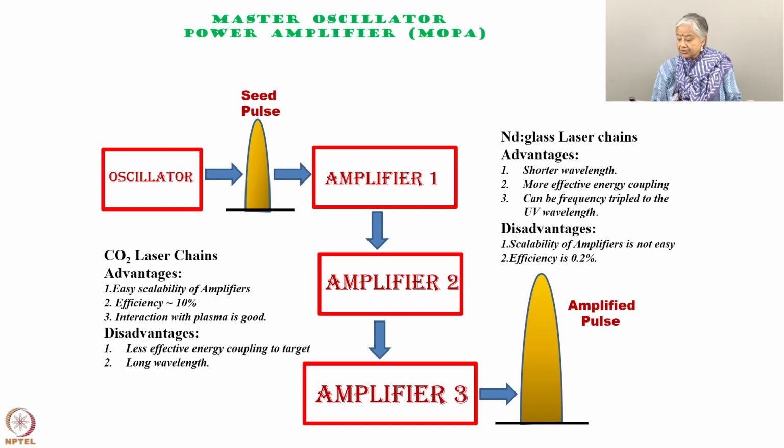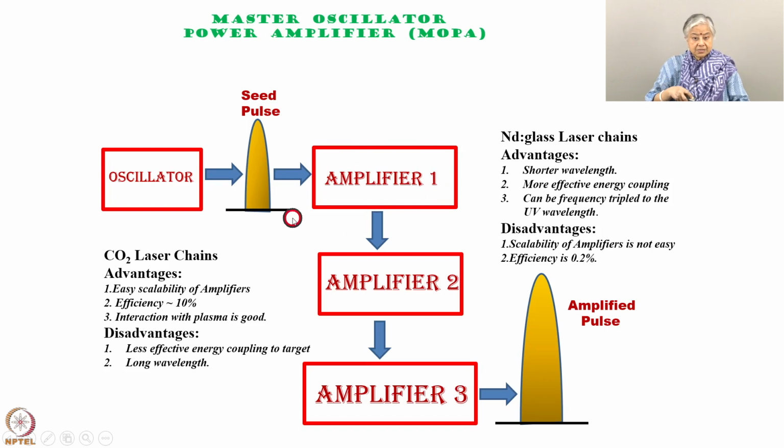Okay. So, generally you will have an oscillator which gives out a seed pulse like this, okay. And the laser is travelling along these blue arrows and then goes into the first amplifier.